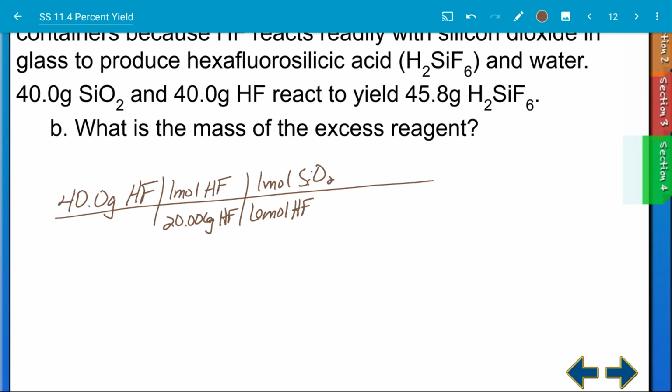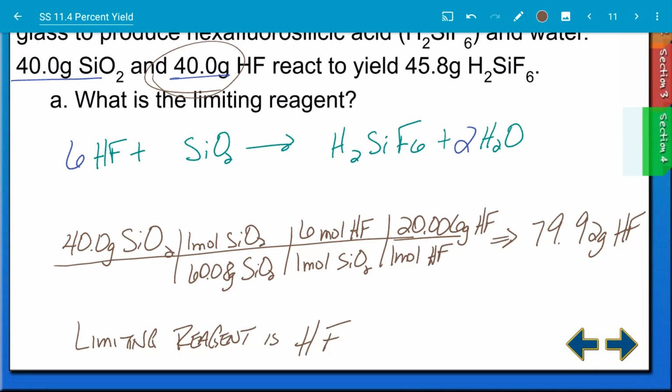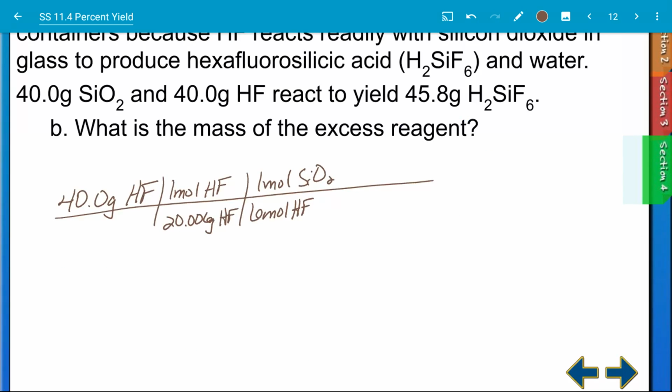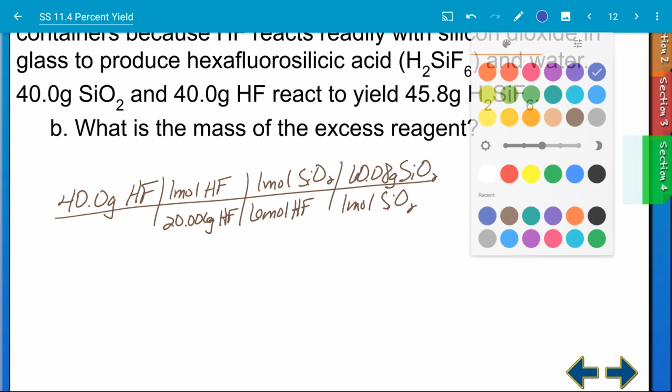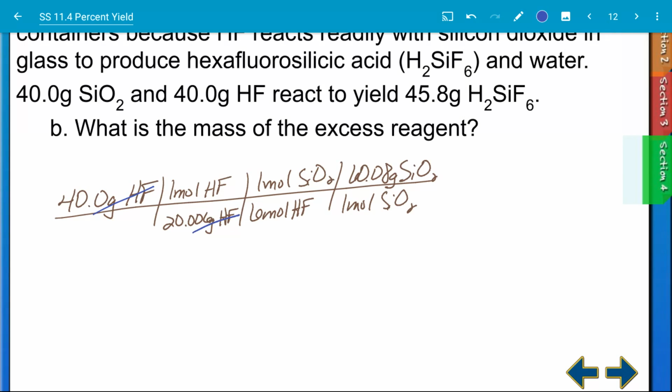I'm just going to peek back and make sure I got that right. Yes, 6 moles of hydrofluoric acid, 1 mole of silicon dioxide. And then 1 mole of silicon dioxide weighs 60.08 grams of silicon dioxide. So now I can go through, and I can say grams of hydrofluoric acid cancel out, moles of hydrofluoric acid cancel out, moles of silicon dioxide cancel out. So it should be set up right.